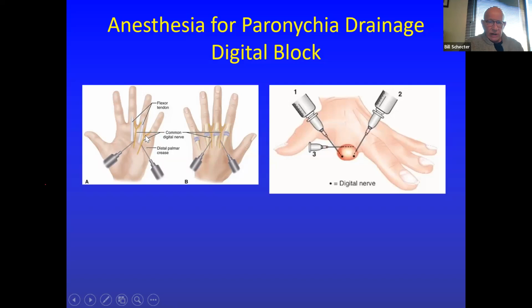And you can access the digital nerves at the base of the finger or in the palm. And sometimes, since the palm skin is thick, you'll have an easier time, less discomfort for the patient, if you go in through the dorsal skin, which is usually a lot more pliable and less thick, and access the digital nerves that way.